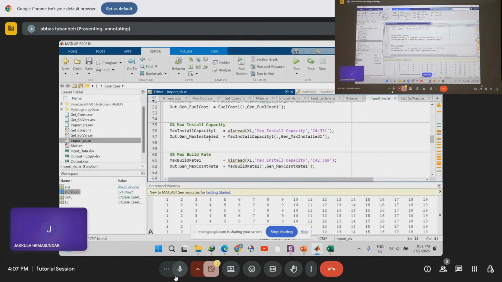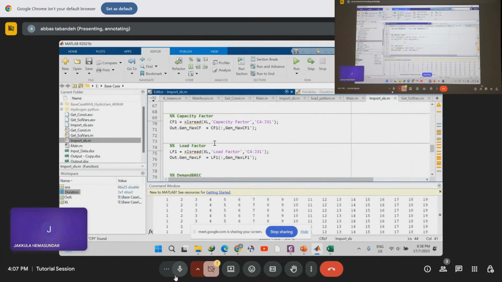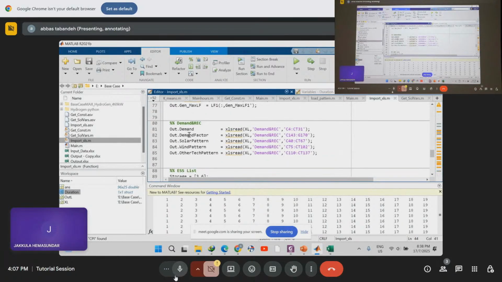Maximum installed capacity, maximum build rate. It is again another sheet in Excel. Reliability factor, capacity factor, load factor, and the demand data and renewable energy sources parameters, solar pattern, wind pattern, as you can see.